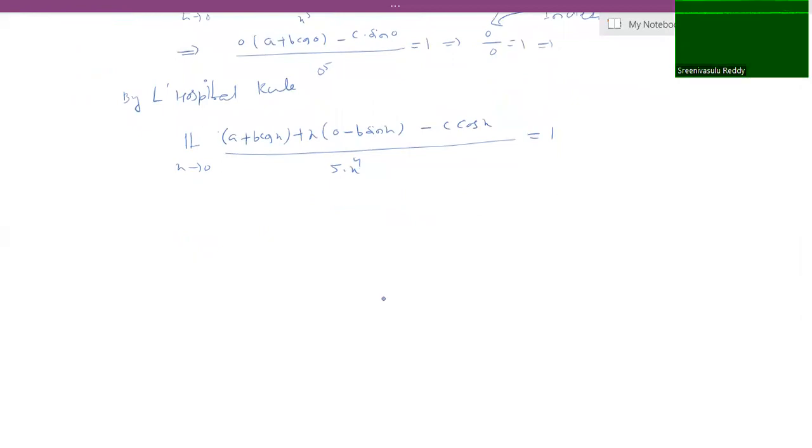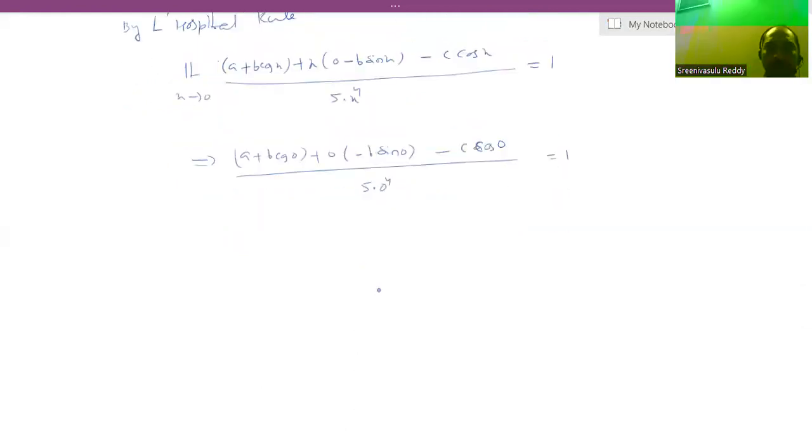So once again substitute the x value. You observe that a plus b into cos 0 plus 0 into minus b times of sin 0 minus c times of cos 0 by 5 into 0 power 4 equal to 1.